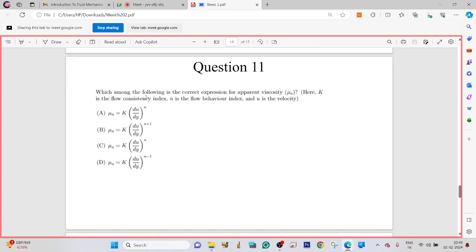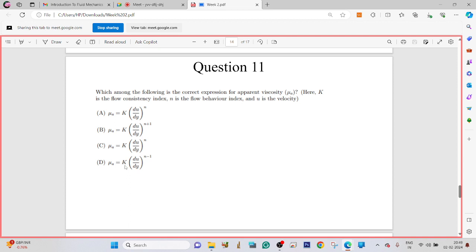Which among the following is the correct expression for the apparent viscosity? Sir has already taught this in class, right? Which one? A? This you are telling for shear stress, but we are not asking for shear stress. We want apparent viscosity.